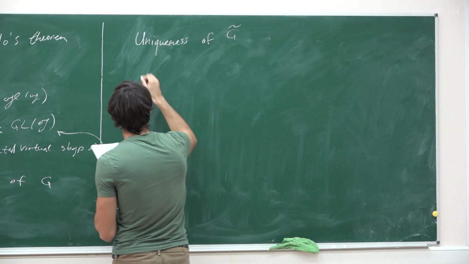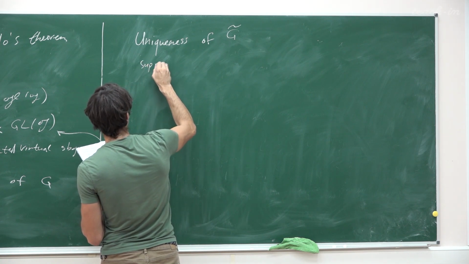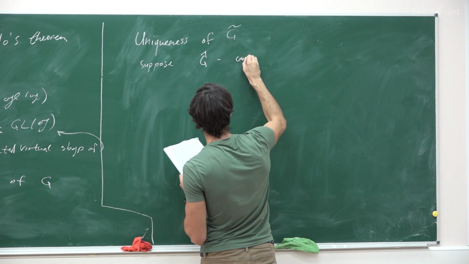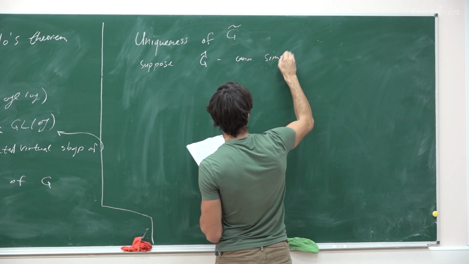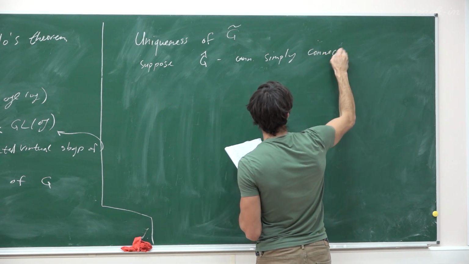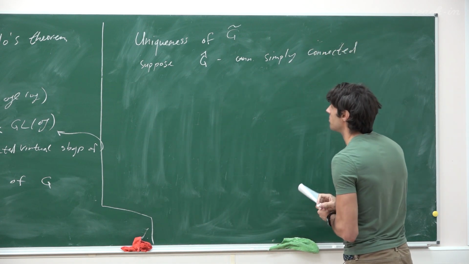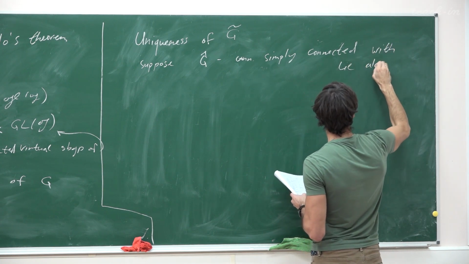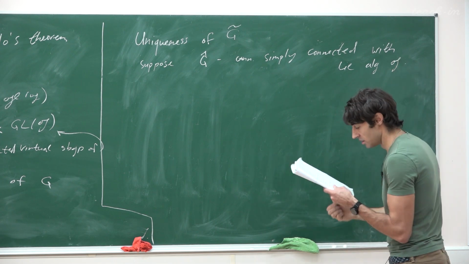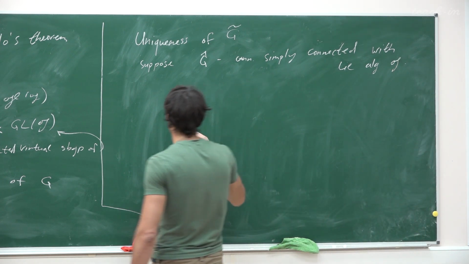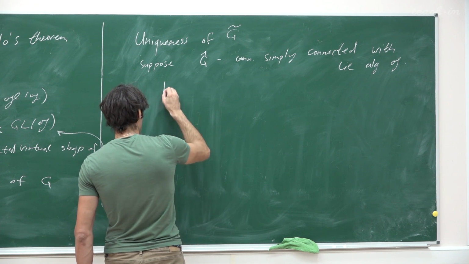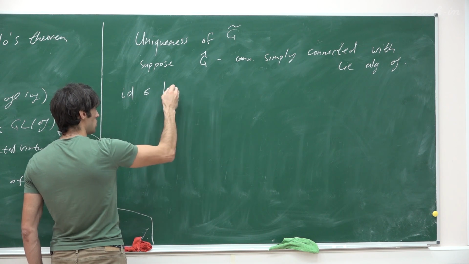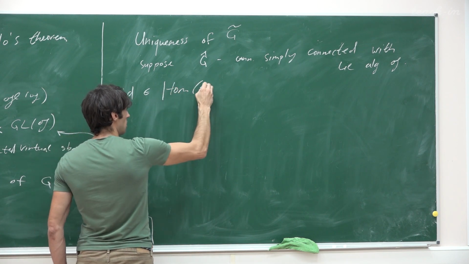So suppose G hat is some other Lie group which is connected, simply connected, with Lie algebra 𝔤, right? So consider just the identity map from 𝔤 to 𝔤, it lives in here.